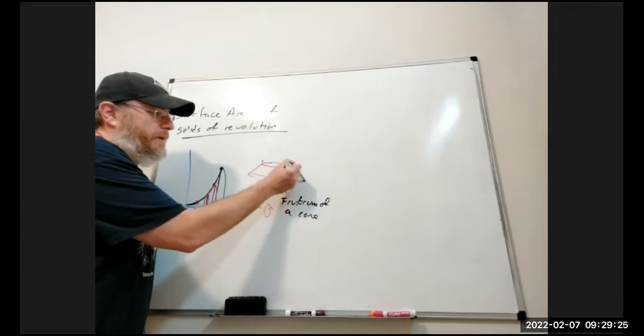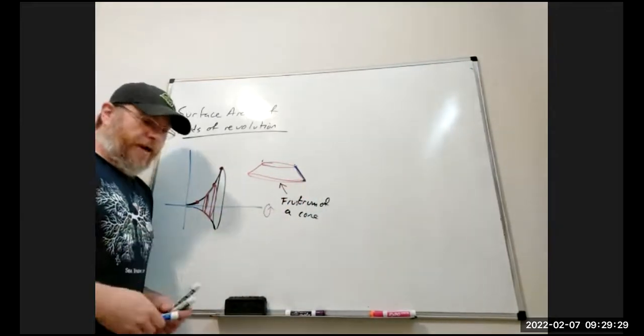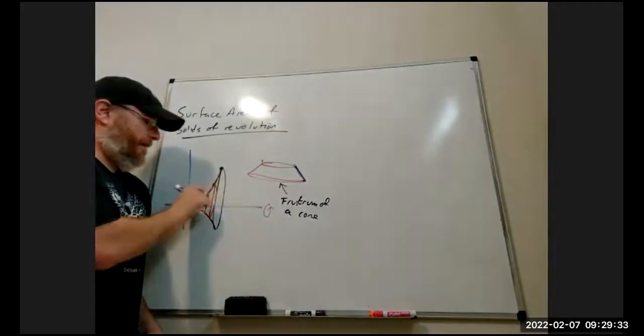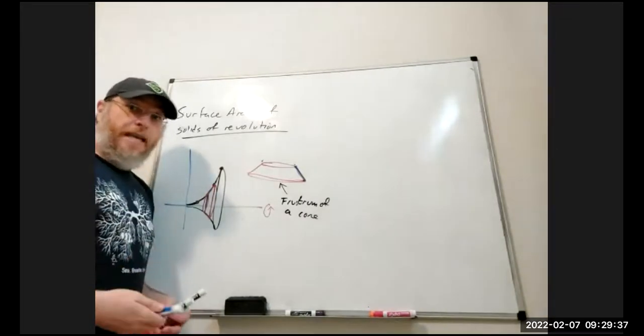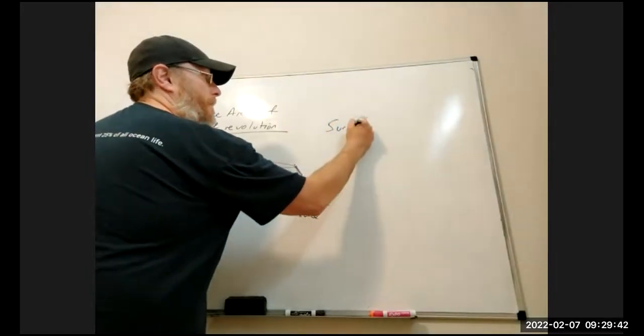So this length right there. So we're going to do 2 pi r times that length. And then we need to do 2 pi r times the other length and the other length, and so on. And if you piece that all together, what we end up getting is this formula right here. Basically, it's just 2 pi r times arc length.